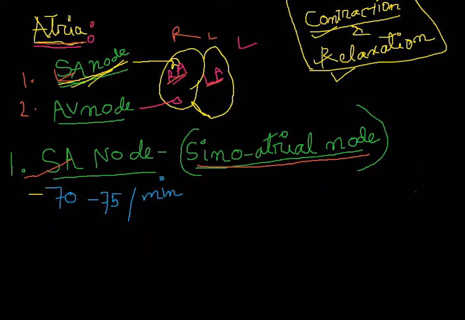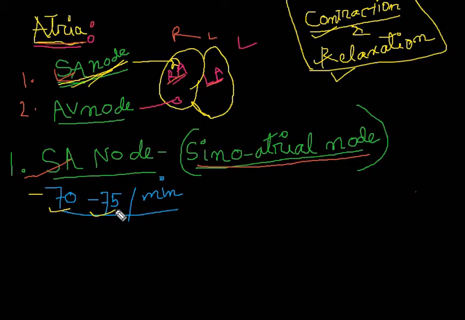SA node in human heart generates action potential 70 to 75 times per minute. That means in 1 minute, or 60 seconds, SA node can generate action potential 70 to 75 times.